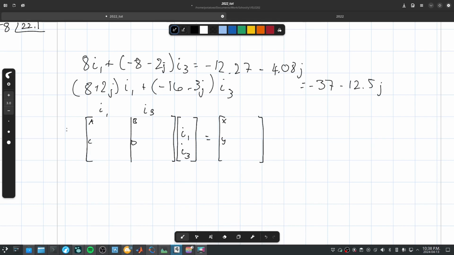This is going to be our mesh 1, and this is going to be our super mesh. So it's going to be 8, -8 minus 2j, 8 plus 2j, and -16 minus 3j. And then on the right side, we have -12.27 minus 4.08j, and -37 minus 12.5j.